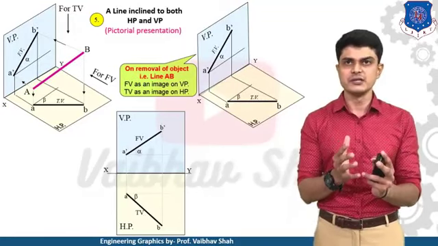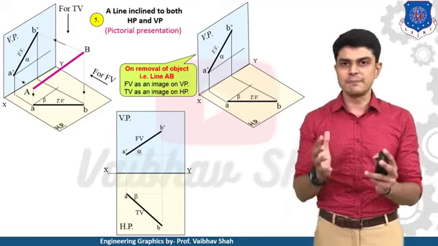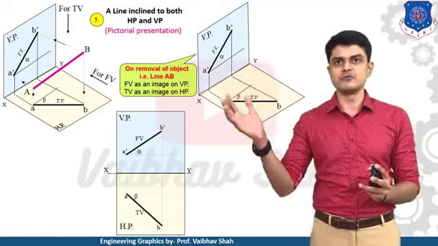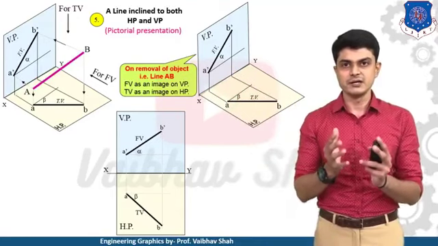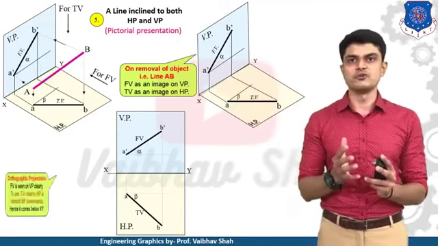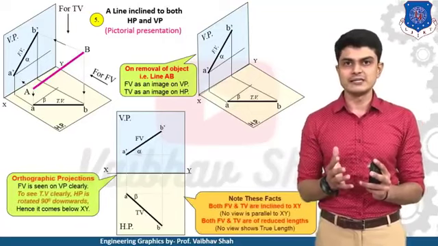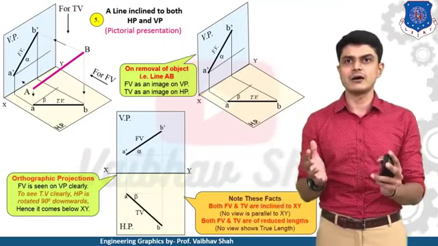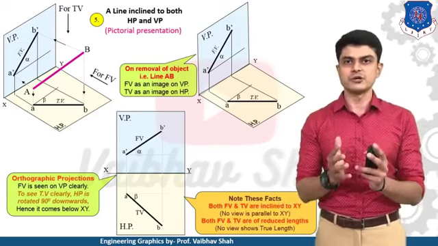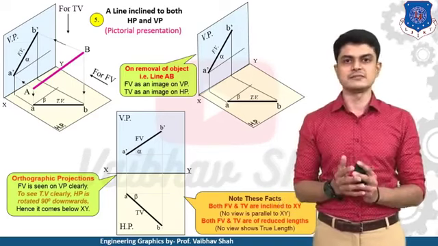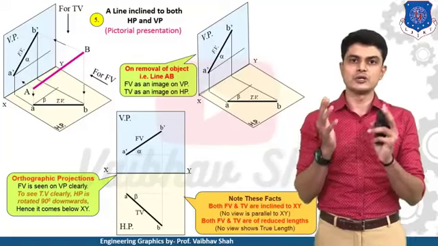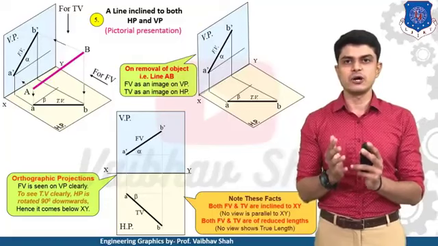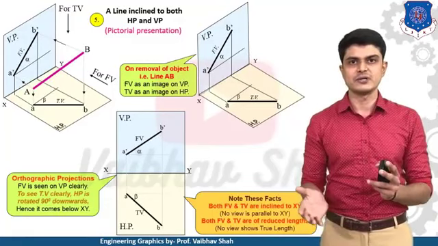So what is the conclusion here? Whenever your line is inclined to both planes, your front view is the image on your VP and your top view is the image on your HP. But the front view and top view are not of true length; they are inclined at certain angles and both are of reduced dimension, because your line is inclined to both planes. They are not parallel to your XY line, as you can see.